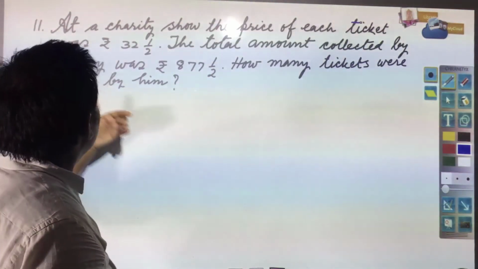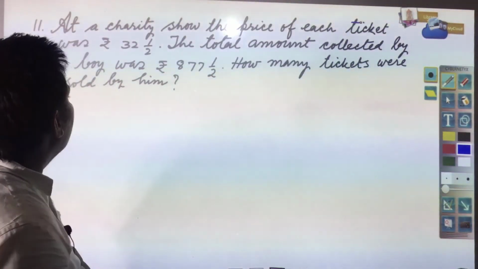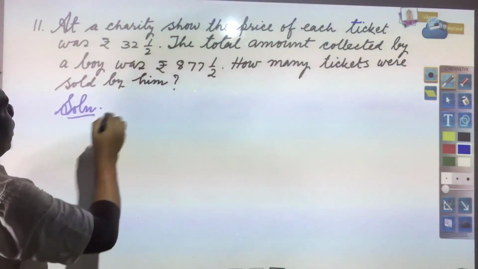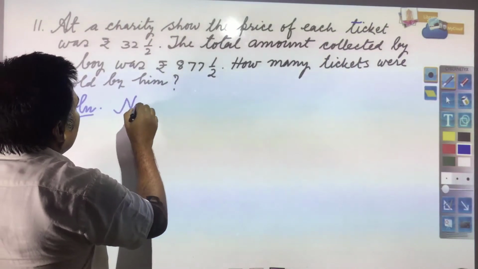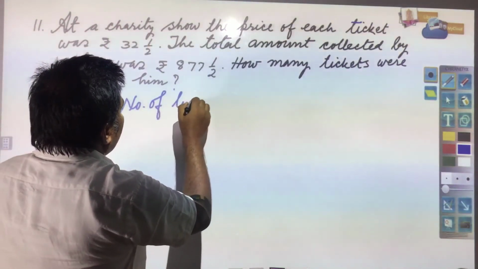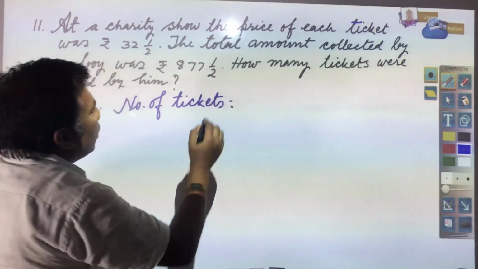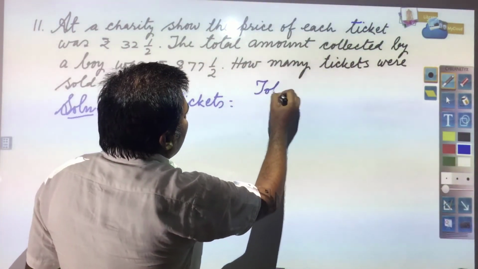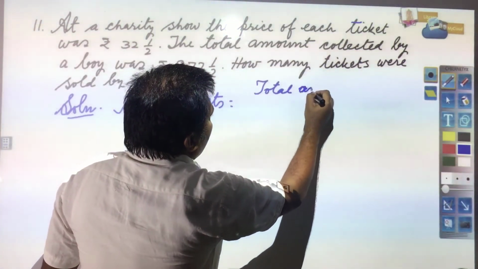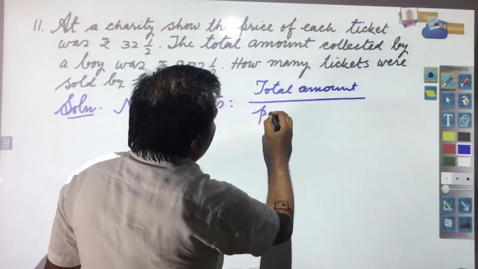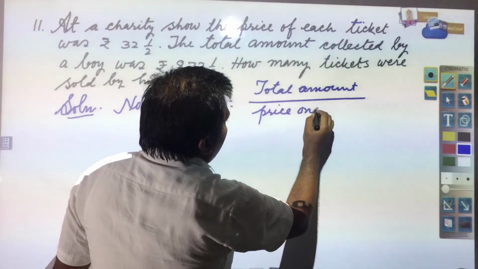How many tickets were sold by him? Again, the same thing is required to be done. Number of tickets will be total amount divided by the price of one ticket.